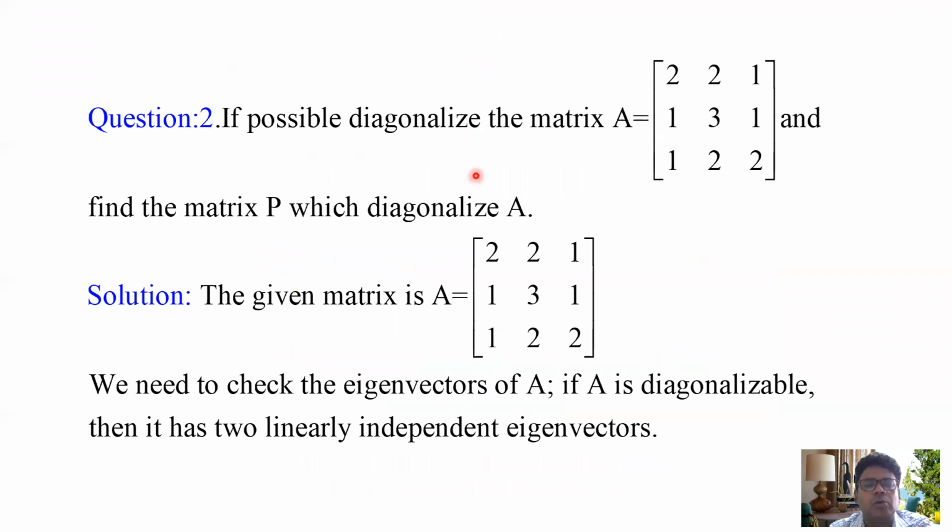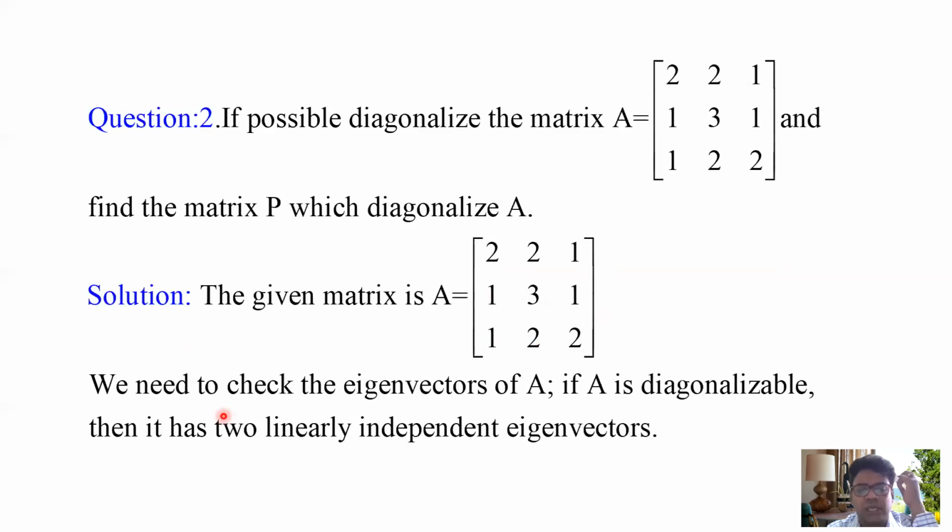If possible, diagonalize the matrix A = [2 2 1; 1 3 1; 1 2 2] and find matrix P which diagonalizes A. In the last example it was only 2 cross 2, now it is 3 cross 3. You can see either type of question in your university paper.